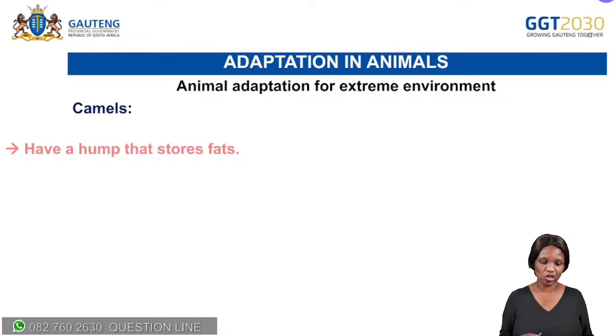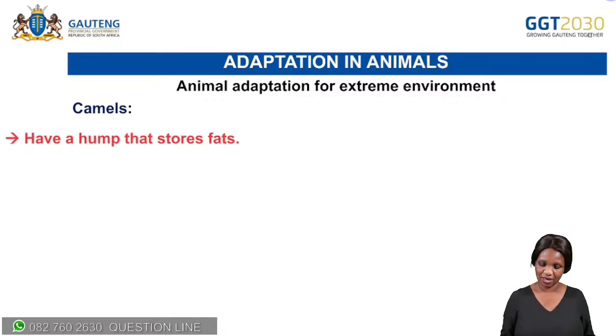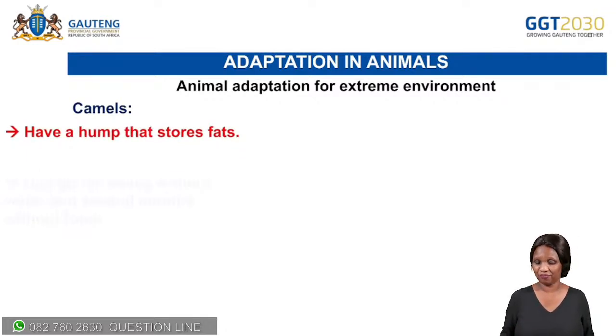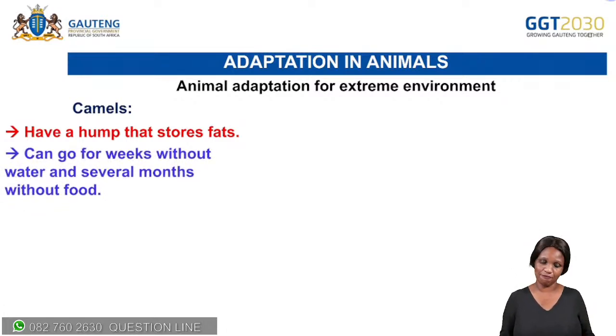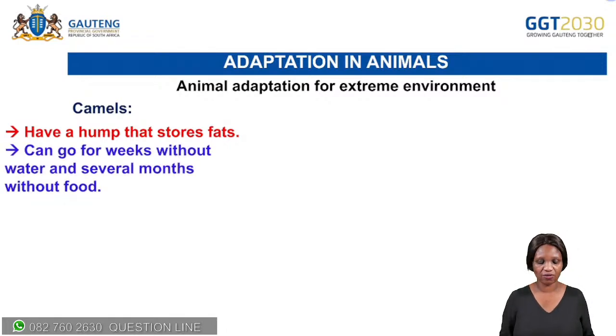All right. Let's look at camels. They've got humps. Why? Because they want to store some food. And then they can go for weeks without water and some months without even eating. All right.